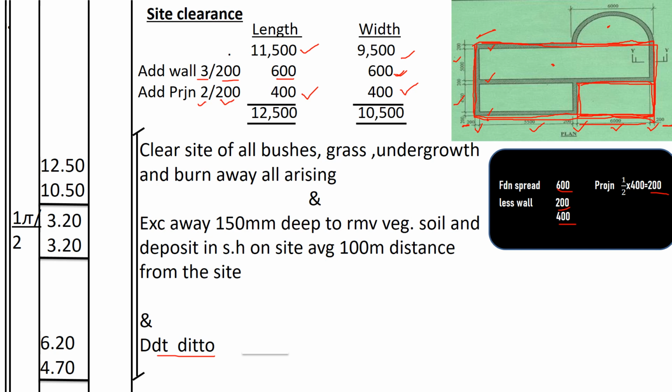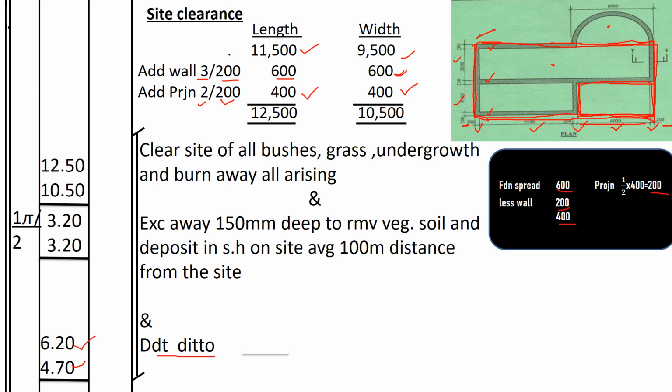It shall be 6.2. Then the width, 4500 from here to here plus the wall 200, 4700. So when you are filling it in, it shall be 4.70.